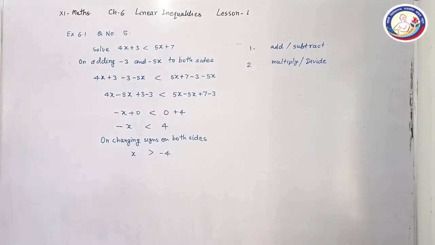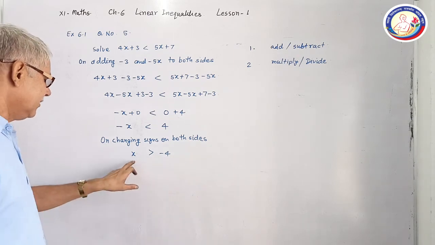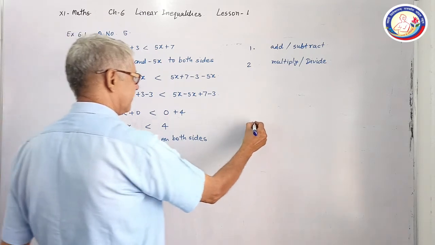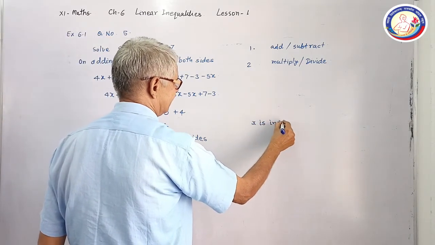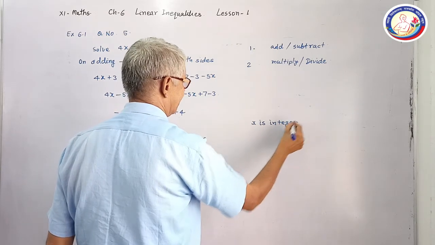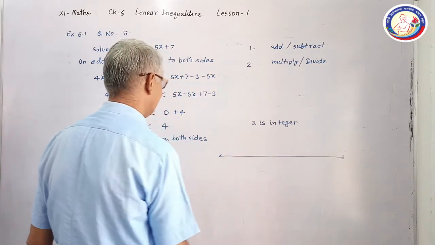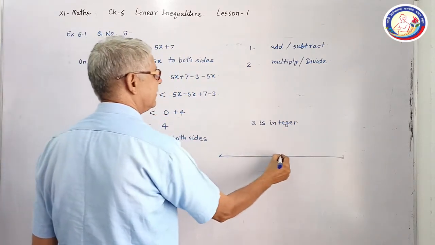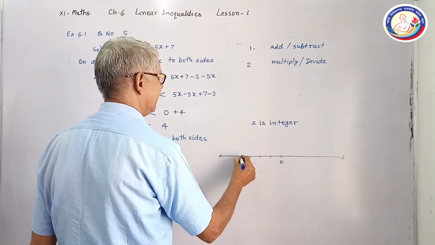According to the given condition, if x is an integer, then the solution will be in this way. We can show it on graph paper. This says 0, minus 1, minus 2, minus 3, and minus 4.